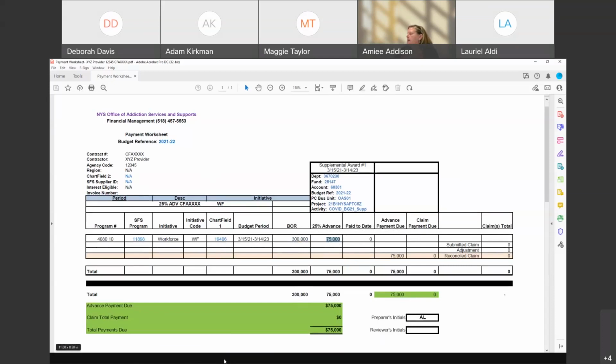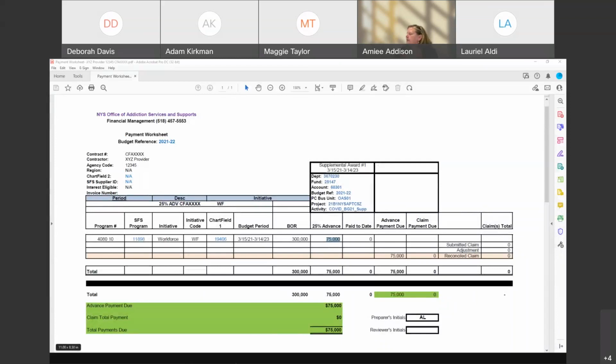And within the email, it would explain what is attached. So it would be your 25% worksheet as well as a blank expense report for your use.